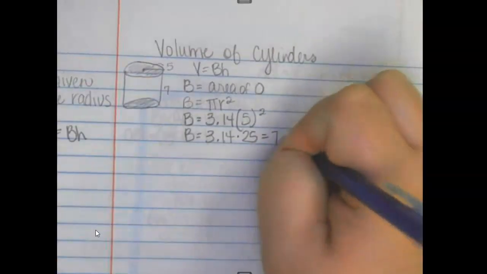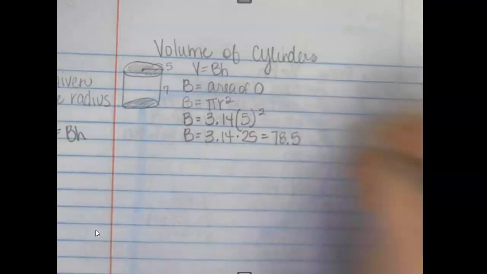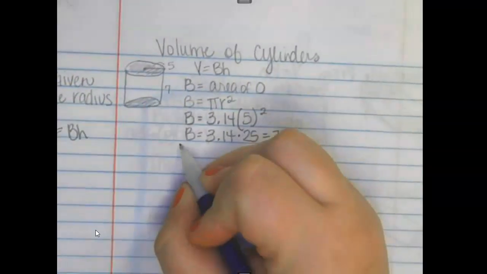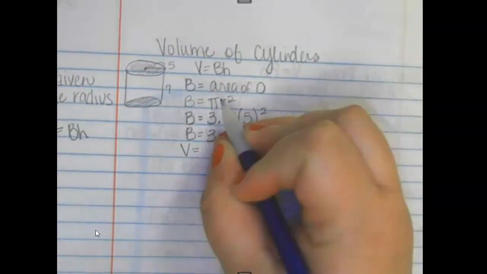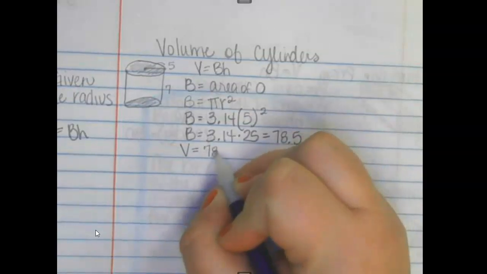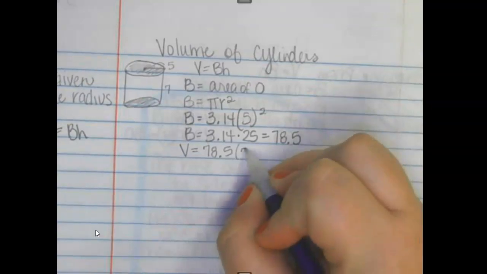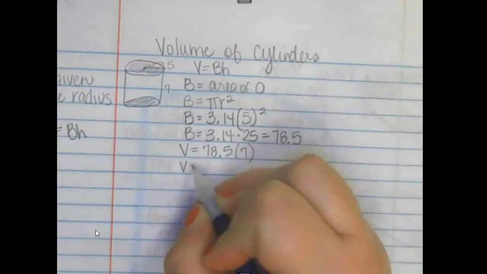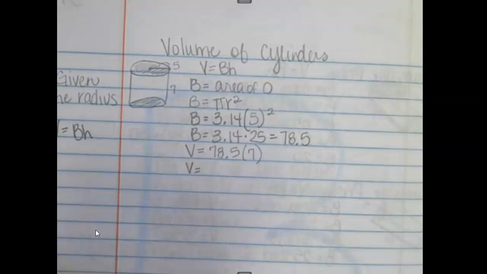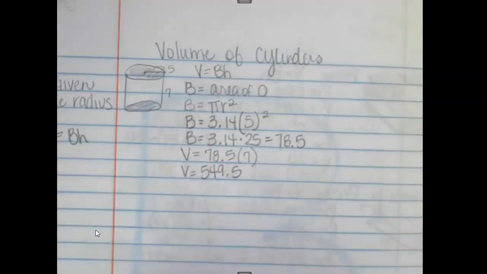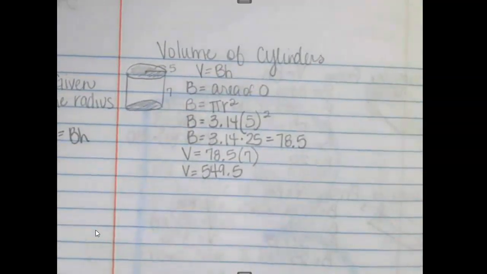So our big B equals 78.5. Go back to my volume: big B, which is 78.5, and my height connects my bases, so it is a 7. 78.5 times 7 is 549.5. All right, so that is example number 1.